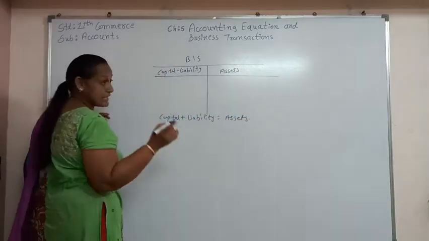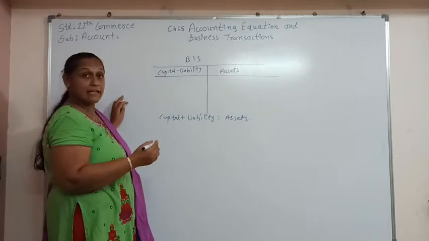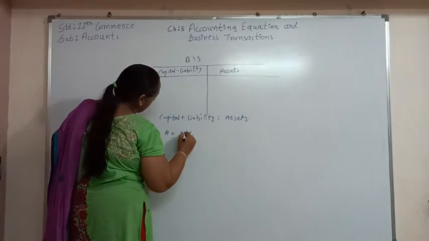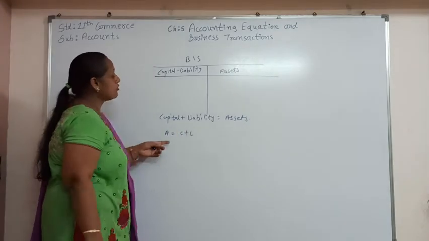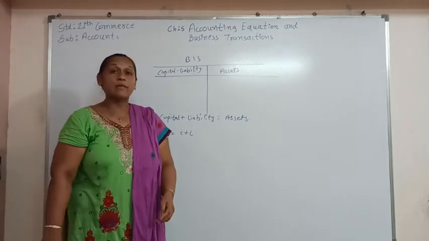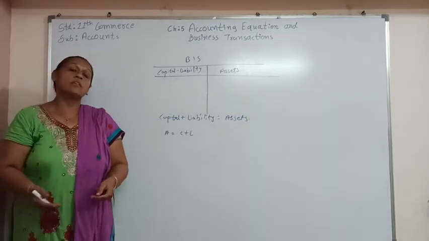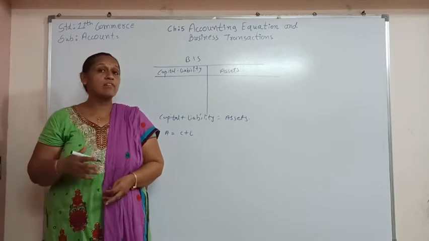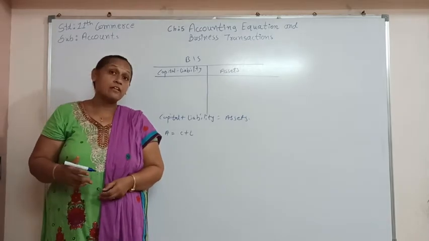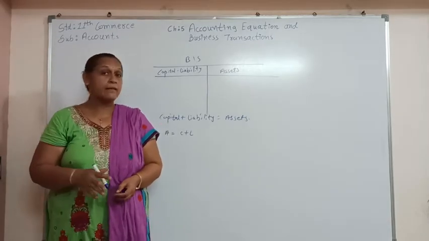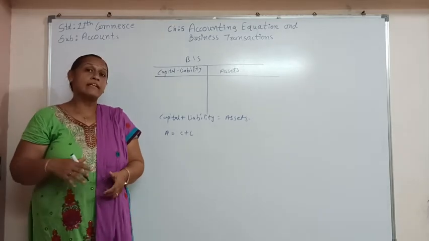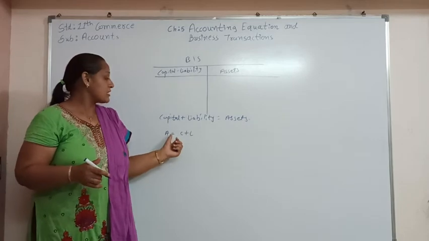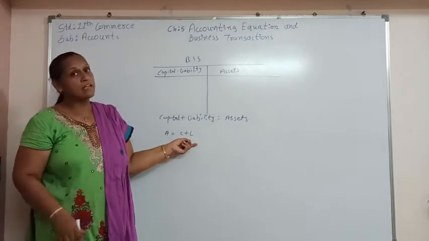So there is an accounting equation, that accounting equation is A = C + L. So assets is equal to capital plus liability. In each transaction we give two effects, and from those two effects we pass the journal entry, and from that, for each and every transaction we are going to prepare the balance sheet according to this accounting equation.